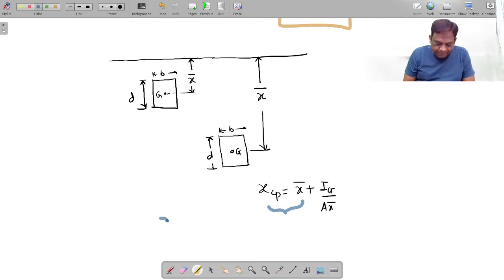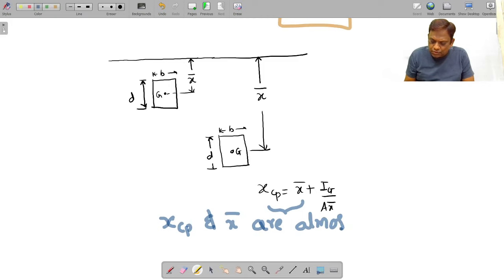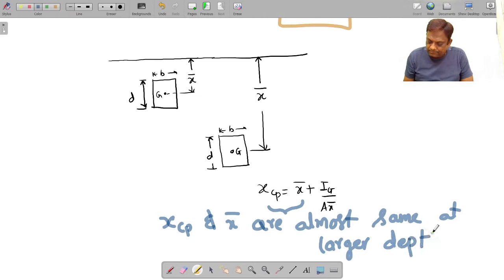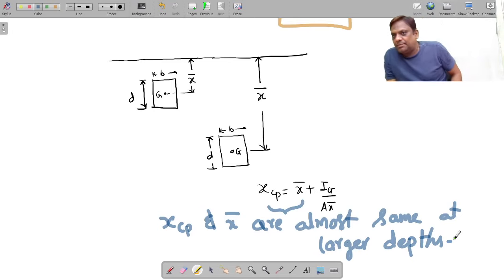So now I read xcp and x bar are almost the same at larger depths. Please tell me, is it clear? At larger depths. Okay?